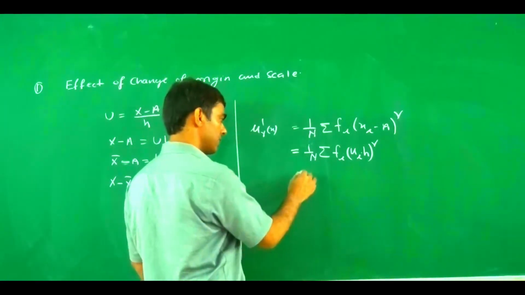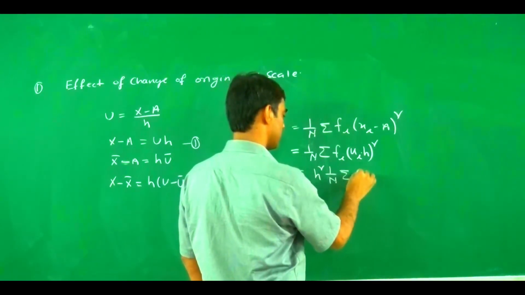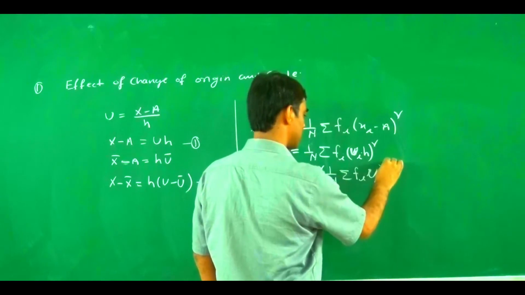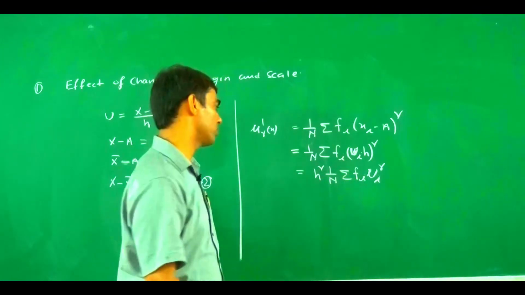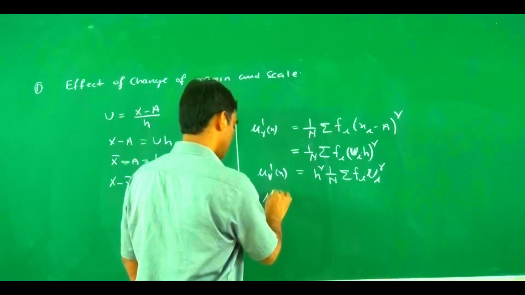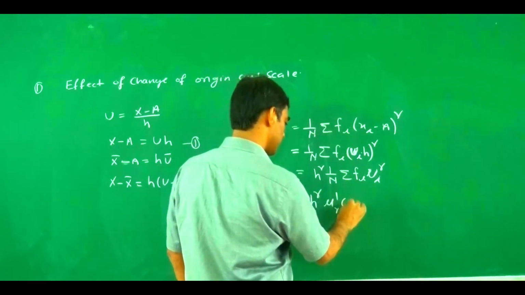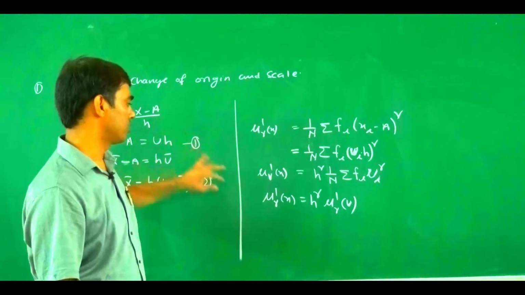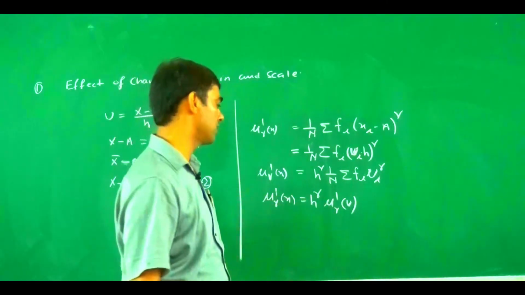So h to the power r comes outside, and this becomes 1 upon n summation of fi ui to the power r. This is the moment about origin, denoted by mu r dash in terms of u. So mu r dash in terms of x becomes h to the power r times mu r dash in terms of u.